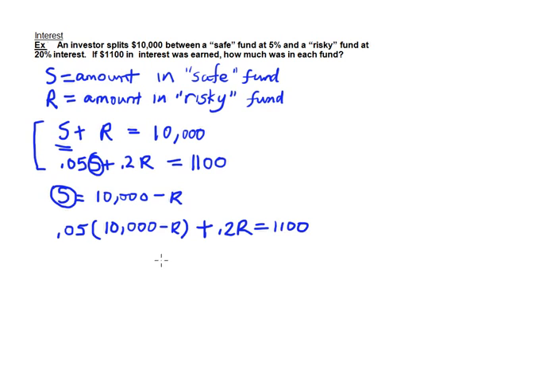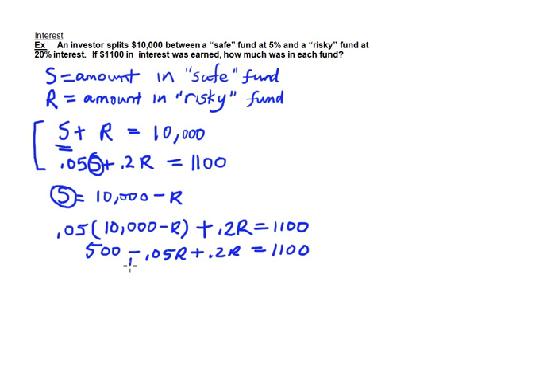Now you can see that we have an equation that has only the variable R. So we can simplify this by multiplying through. 0.05 times 10,000 is going to give us 500, minus 0.05R, plus 0.2R, is equal to 1,100.